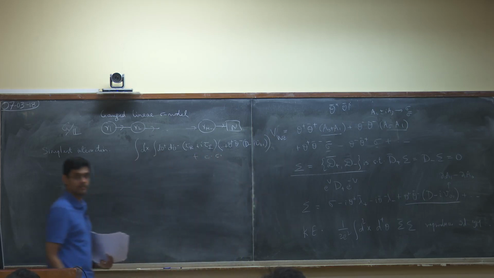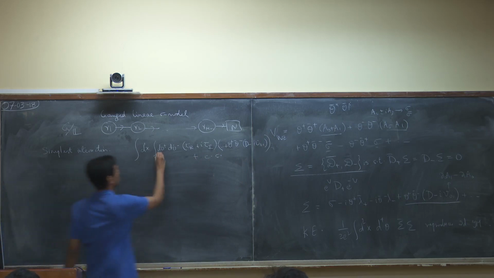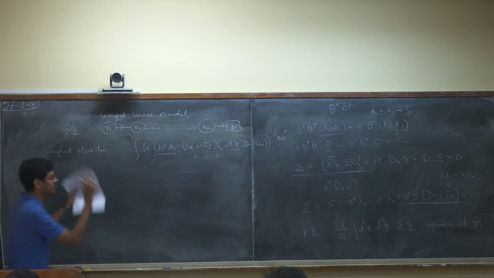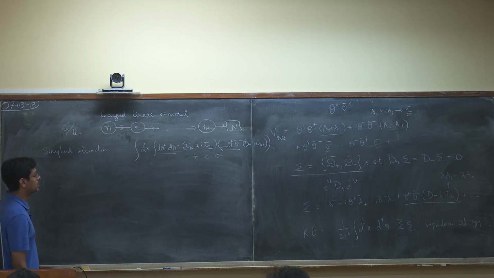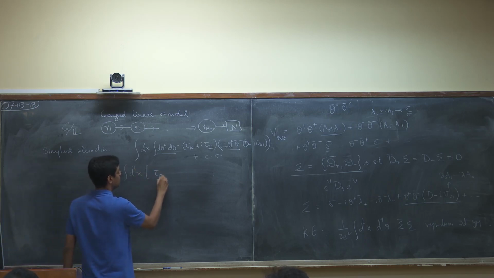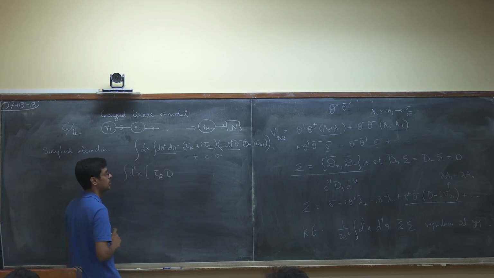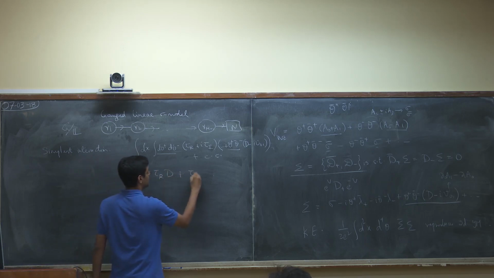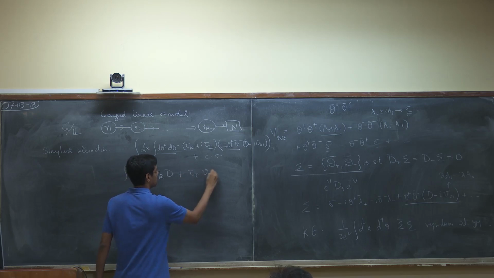So this gives you a trivial 1 when you integrate it, up to some signs, which I don't care about. So what I get in the component Lagrangian is something that looks like tau real times D plus tau imaginary times v01.